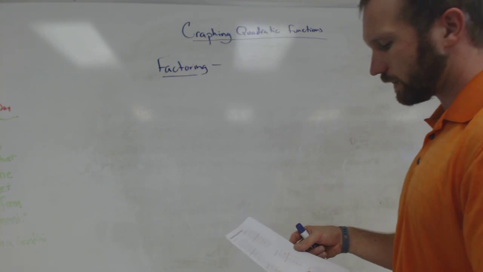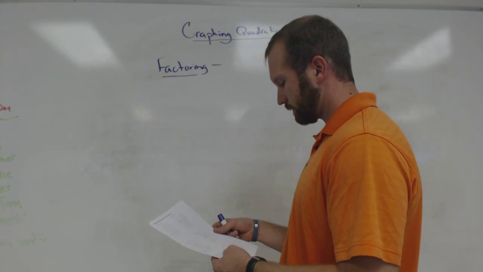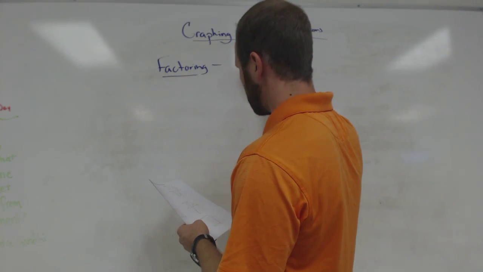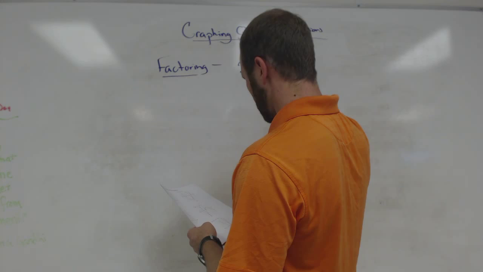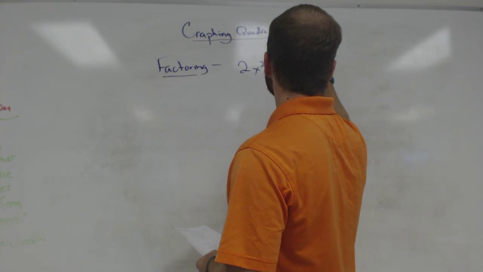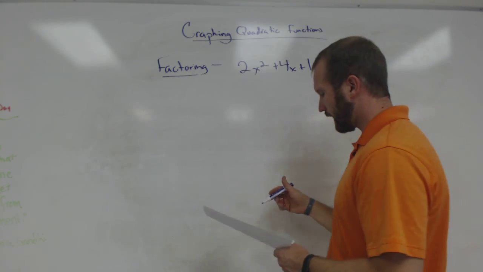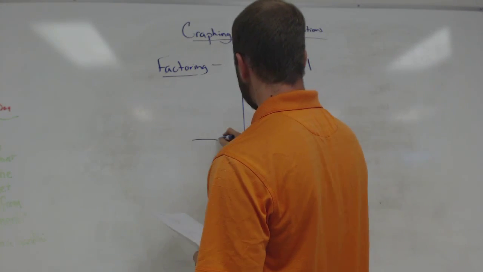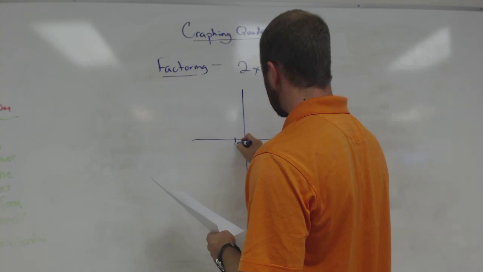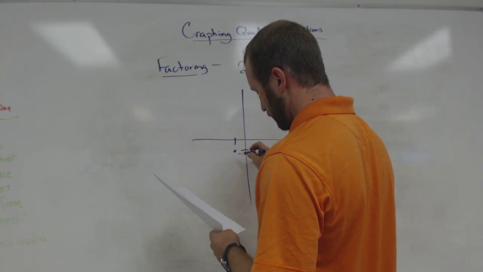So let's take a look at something like this. This was on your homework last night. 2x squared plus 4x plus 1. Right, and we graphed that, and it looked like this. -1, -1 is our vertex.